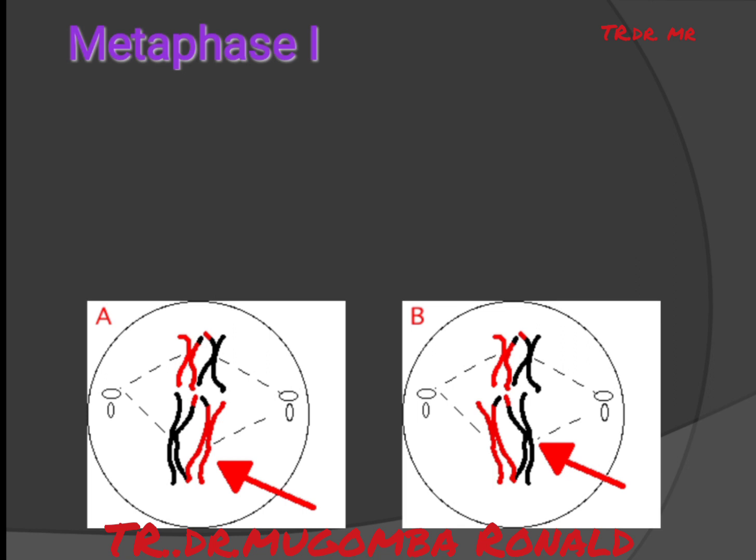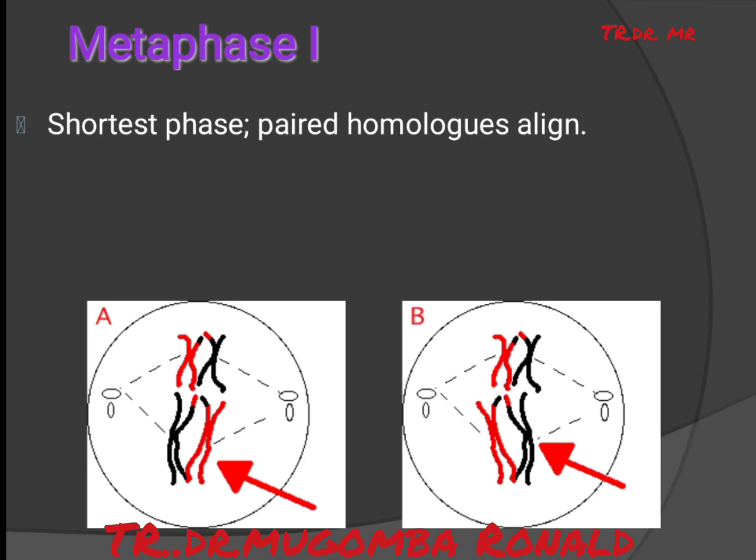In metaphase 1, you can see that the chromosomes align themselves. It is the shortest stage in meiosis 1. Usually, we see homologous chromosomes pairing up, and then they align themselves at the spindle equator, like in mitosis. But there is a very clear difference between metaphase 1 and metaphase of mitosis.